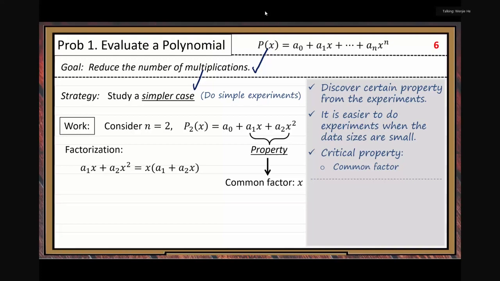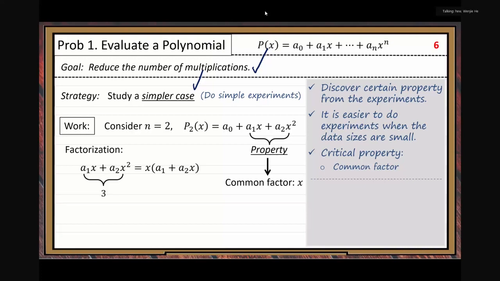Before we change the structure, the total number of multiplications is 1 plus 2, which is 3. After we change the structure, can you count the number of multiplications again? Do not count additions, only multiplications.